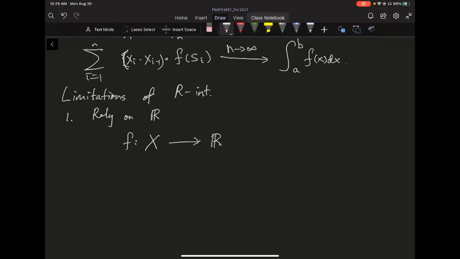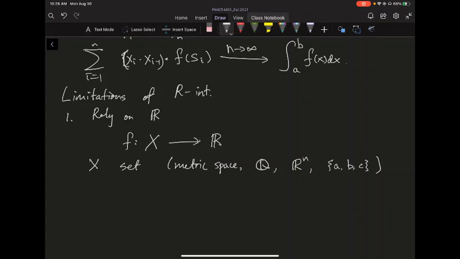And this X can be some metric space or just a set. For example, it can be the set of rationals, it can be Rn, it can be really any set. For example, the set of a, b, and c, and so on. So it can be anything.